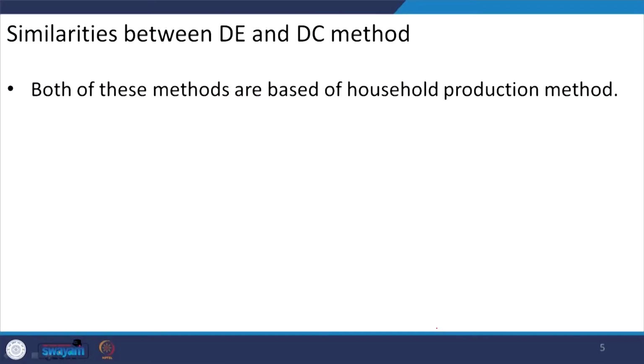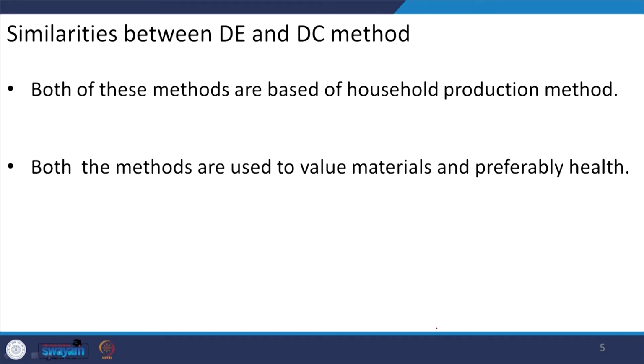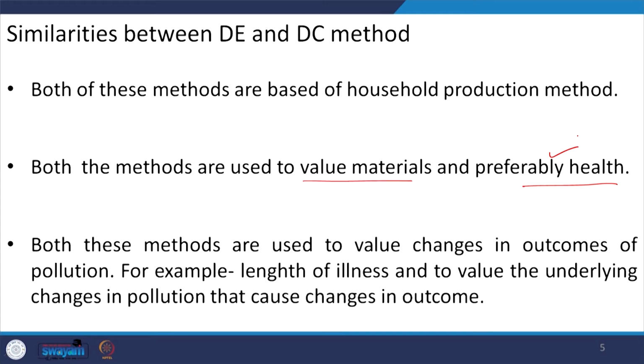Moreover, both are based on the same theoretical underpinnings, that is the household production method. Both are used to value materials as well as health. And in most cases, we find examples where these methods are applied to health valuation.